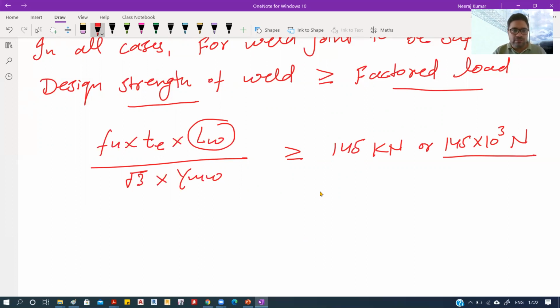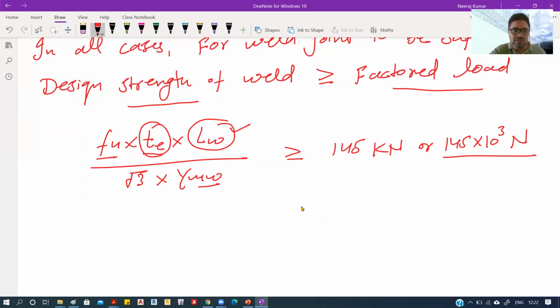So in this formula, another parameter which we need to find out is Te. Now Te is the throat thickness. Fu is given. Lw needs to be found. Gamma MW we have just found. Now we need to find this value Te.